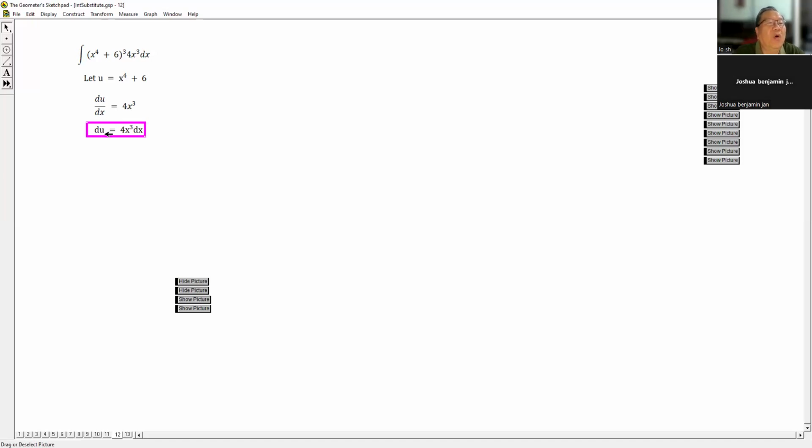So you see that du is 4x cubed dx. Now, will this help us? Sure, it's going to help us. How? When you want to integrate x to the power of 4 plus 6 raised to the power of 3, this thing is actually u.